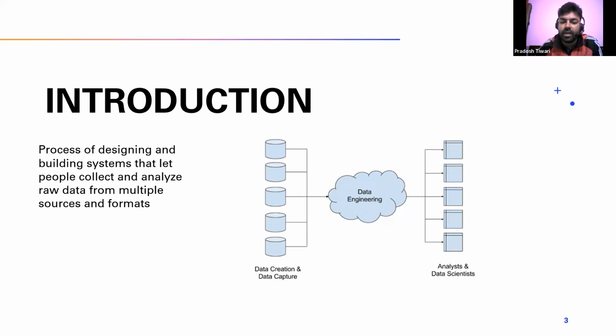Raw data is of no use, not a valuable piece of information. So data engineering adds value. So this cloud you can see in the middle, it's not some machine. It's a value addition part, and then this value added information is sent to the business or data scientist or other parts of the business.